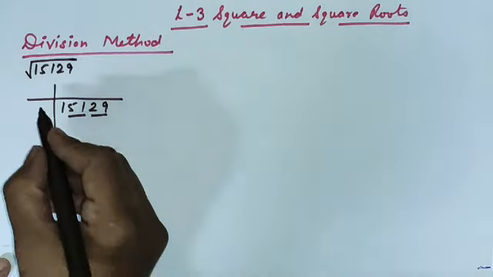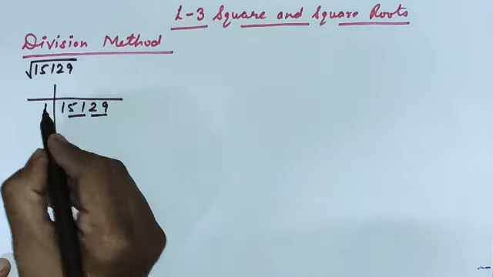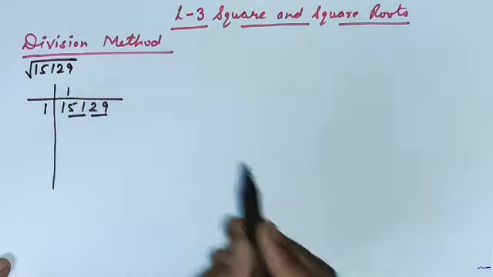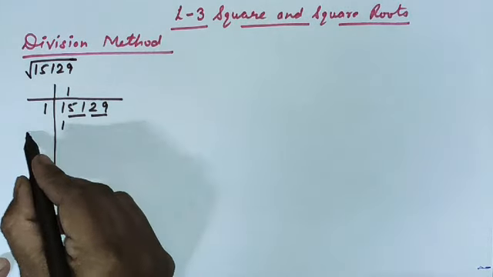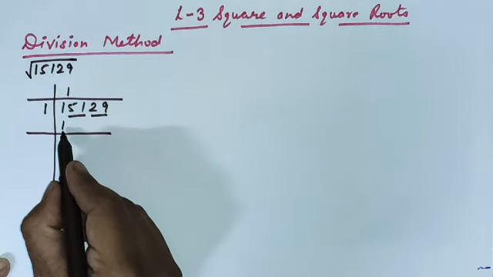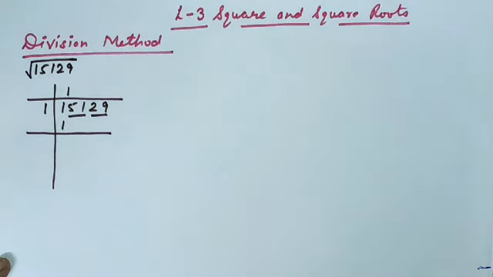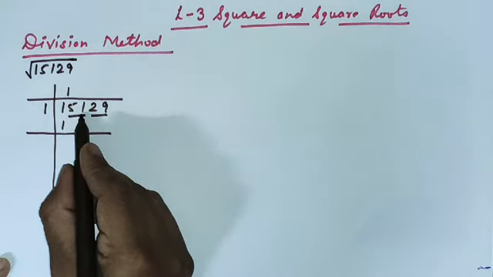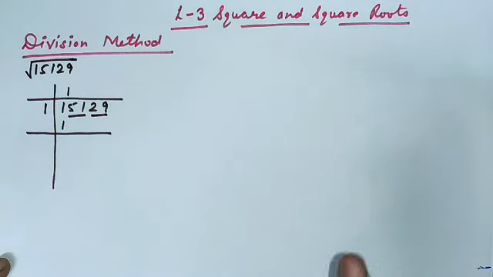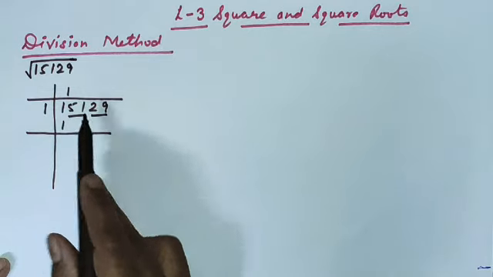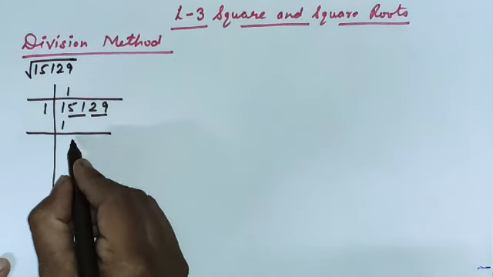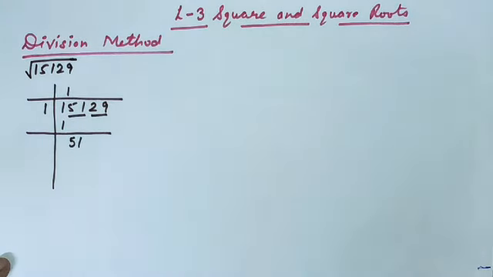Two 1s are required, 1 I will write here and another I will write here. Now next, 1 minus 1 is 0, no need to write the 0. Carry down the next pair. Remember, in division we carry digit by digit, but in square root we carry one pair. So this whole pair, 51, will be carried downwards.